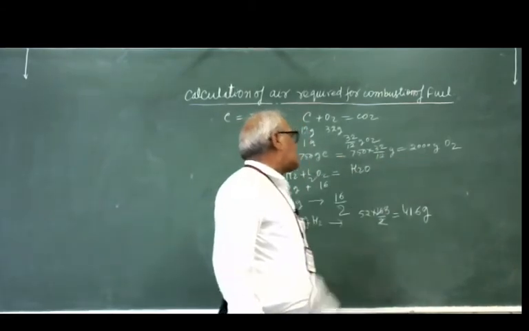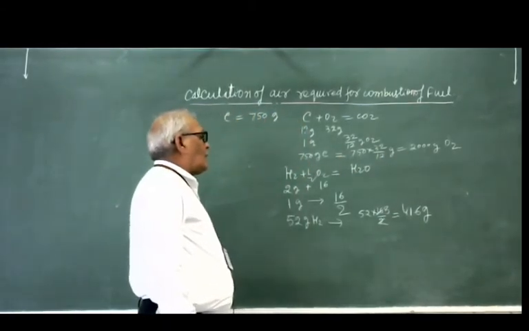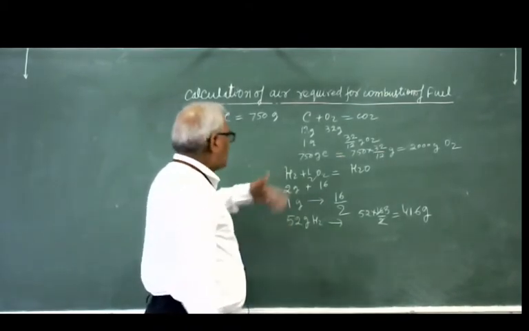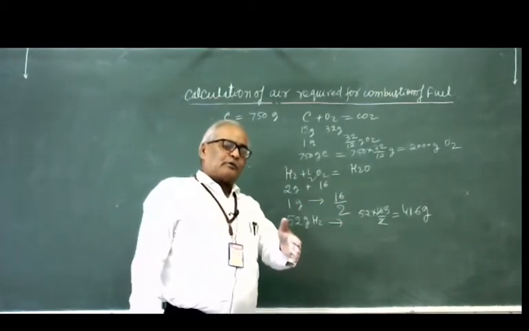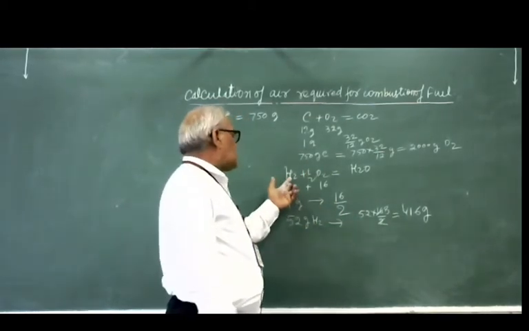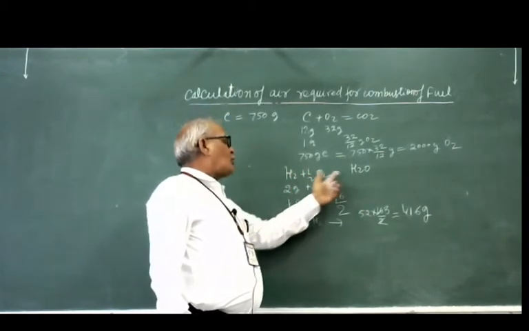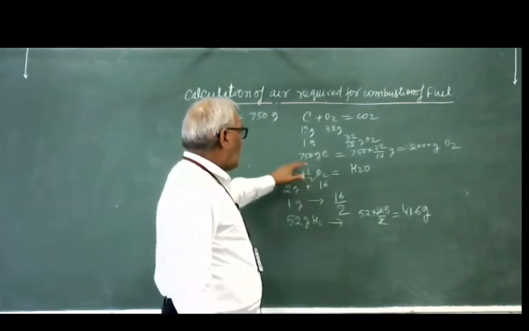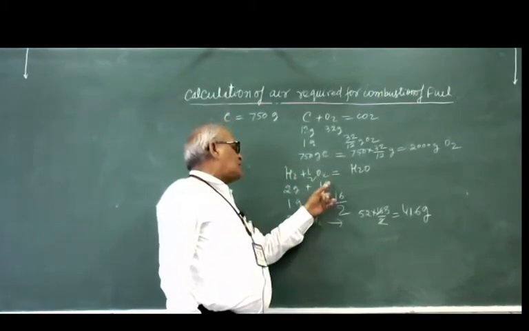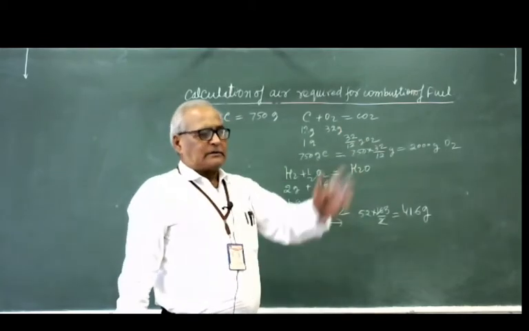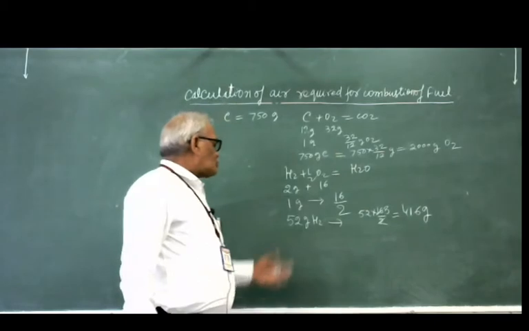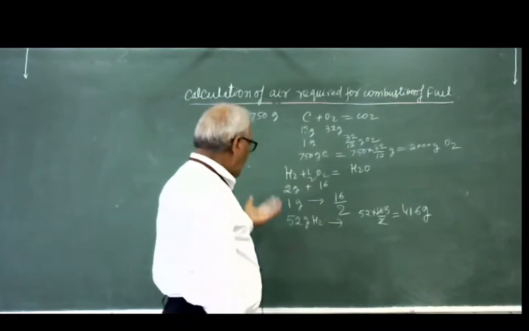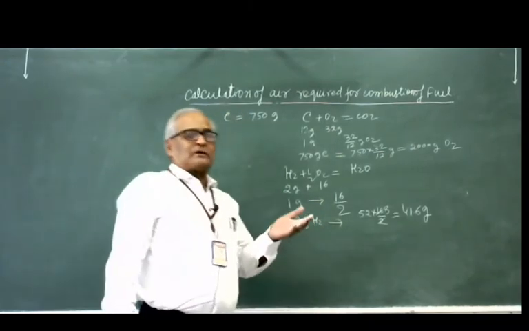Now, the second constituent which can burn in oxygen and give heat is hydrogen: H2 plus half O2 gives H2O. 2 grams of the hydrogen require 16 grams of the oxygen to change into H2O, and heat evolves. So for 1 gram of the hydrogen it requires 16 by 2, and I have already told you there is 5.2% hydrogen.